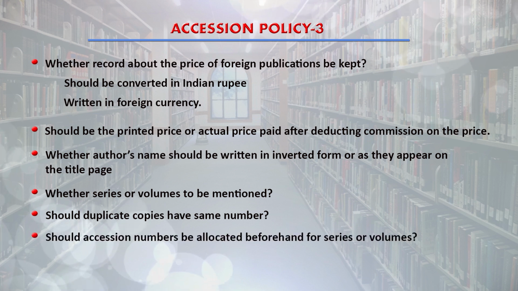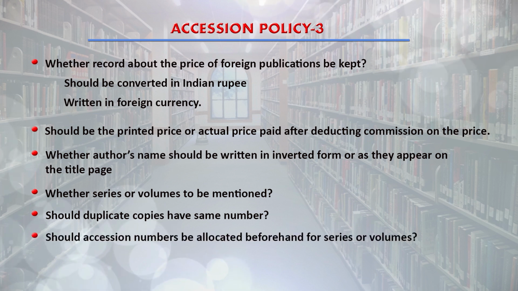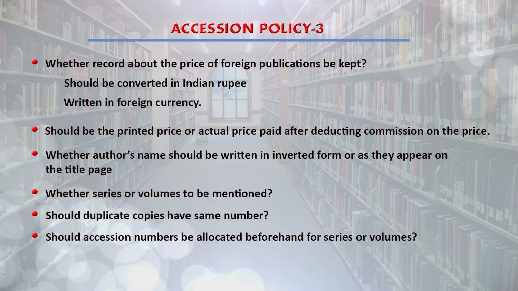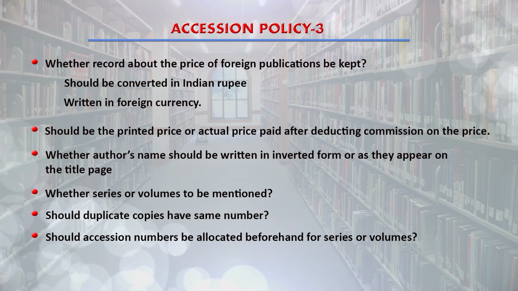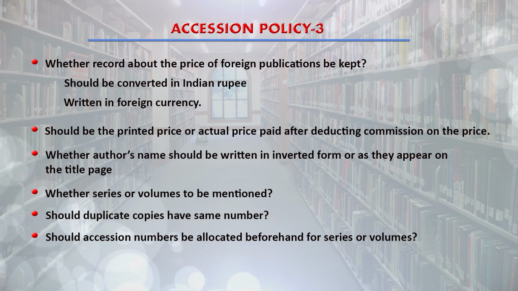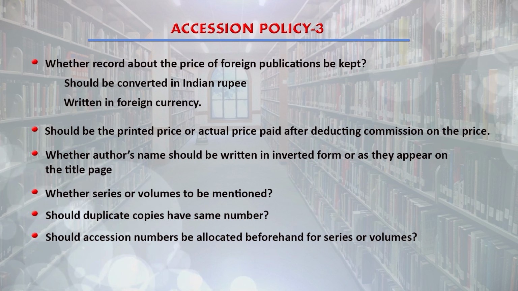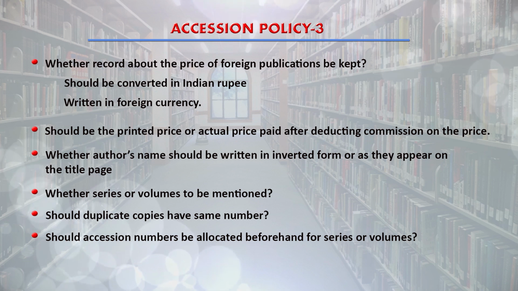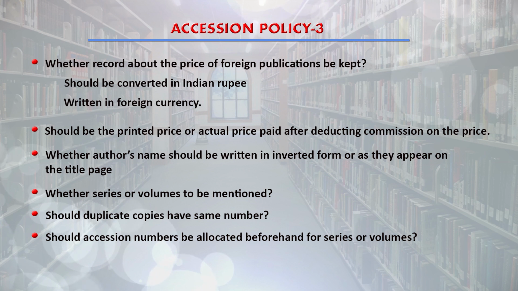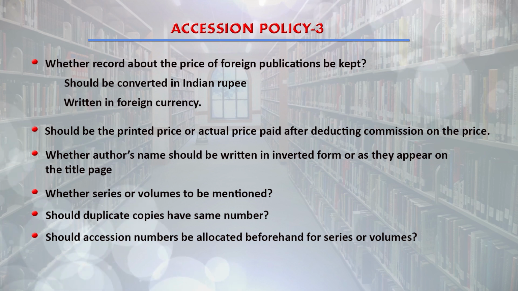Should an accession number be allocated beforehand for series and volumes? Now this is a very interesting thing. Many libraries already know that they will be getting 20 volumes of a series of a document. That is not going to come to the library all at a time; it comes at different times, but you want them to be registered in your accession register together.